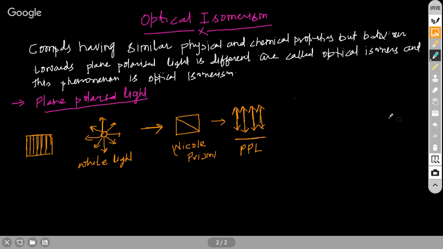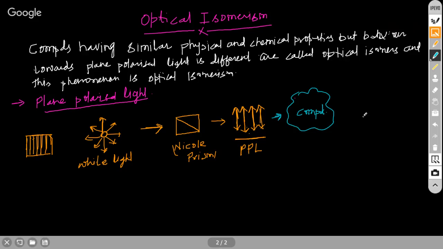Suppose this is the organic compound we have. When this light passes through the organic compound, there are three possible observations we may have, right?